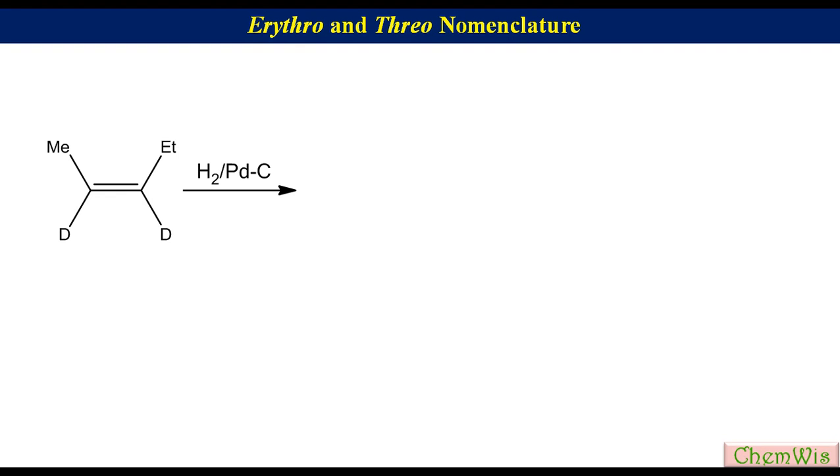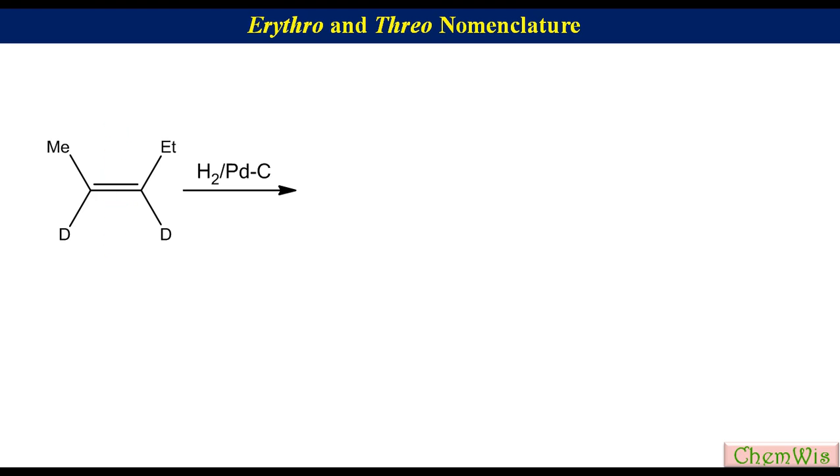Palladium catalyzed hydrogenation is a syn addition, means the two hydrogen atoms add to the same face of the double bond. In the given alkene, there are two faces of double bond with equal probability for the addition of hydrogen.